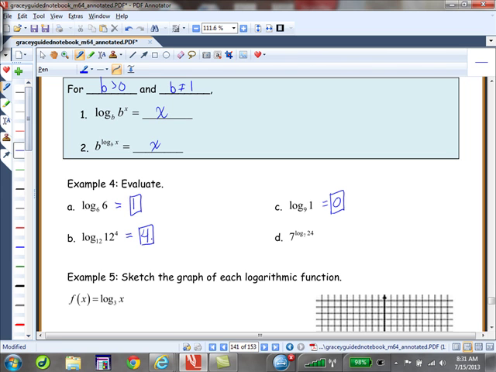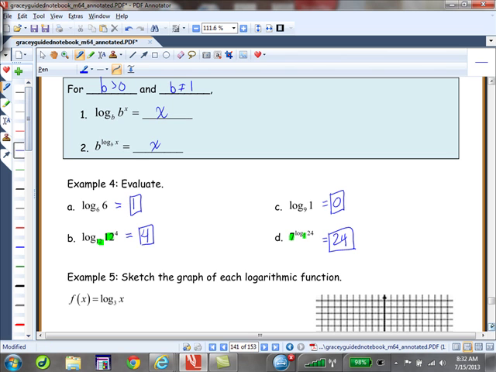And lastly, 7 raised to the log base 7 of 24 is going to be what's in the log, 24, because the log has the same base as the exponential. So those were a little tricky. These have the same base, that's why we got the 4, and these have the same base.